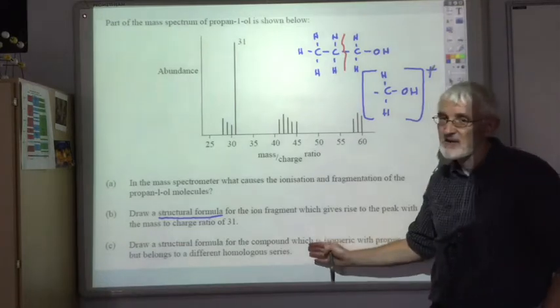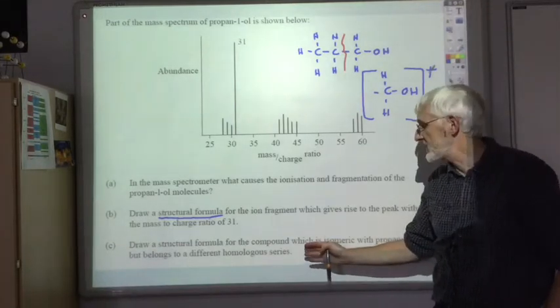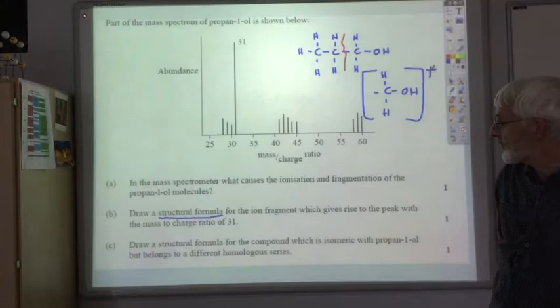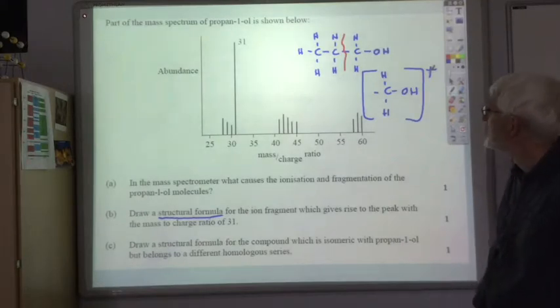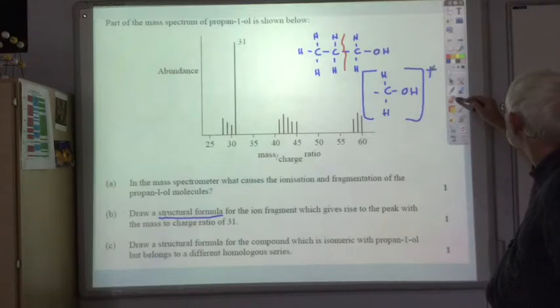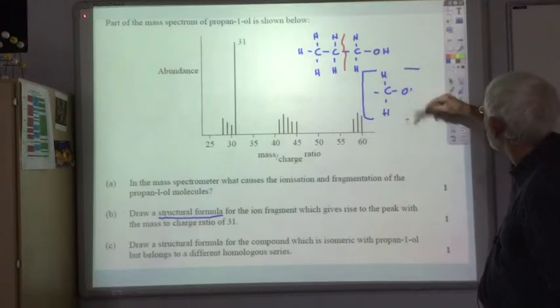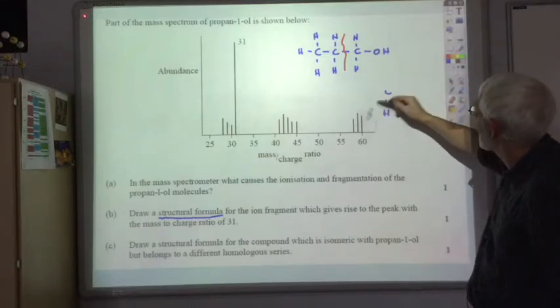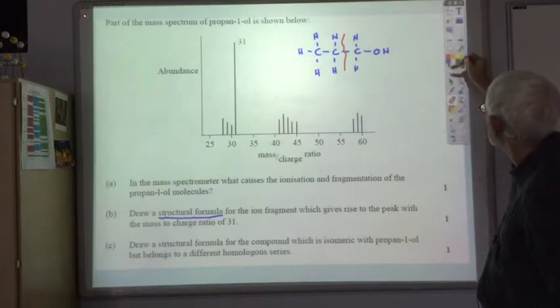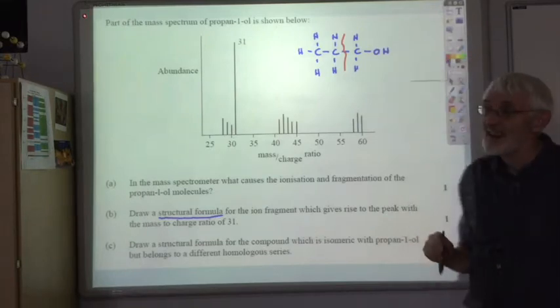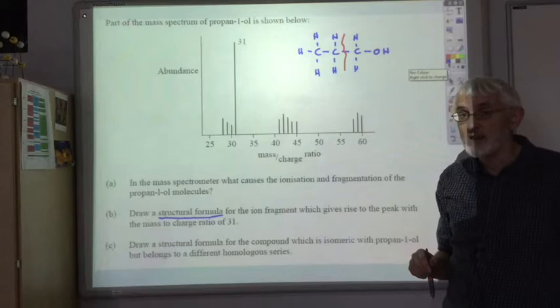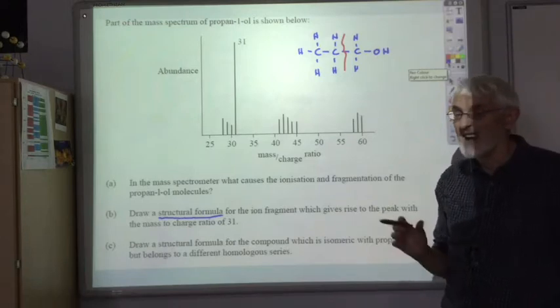And finally, not so much about mass spectrometry, but draw a structural formula for the compound which is isomeric with propan-1-ol but belongs to a different homologous series. Well, the idea is you should remember that alcohols and ethers are always isomers of each other.